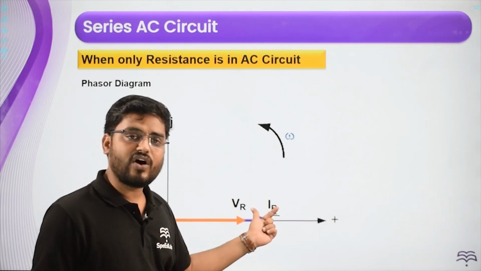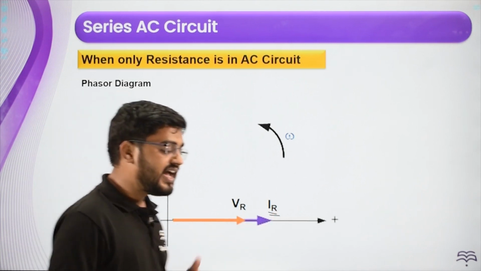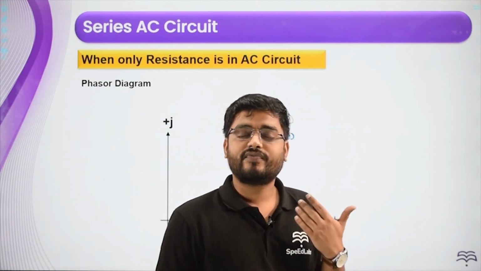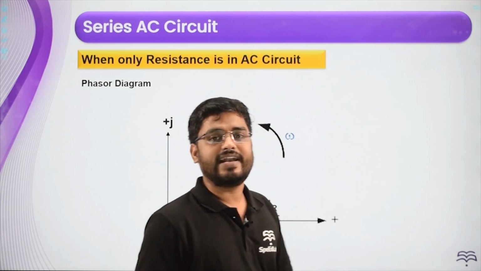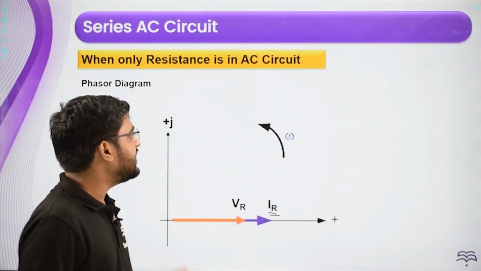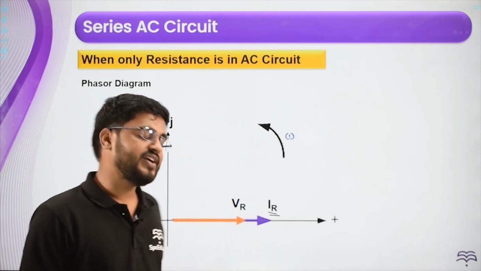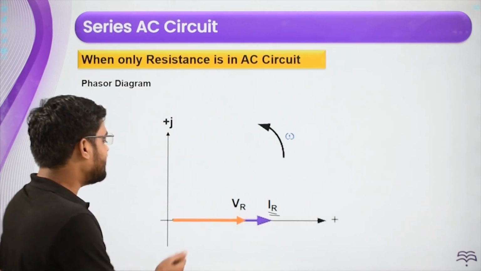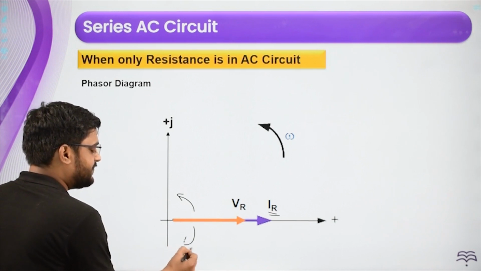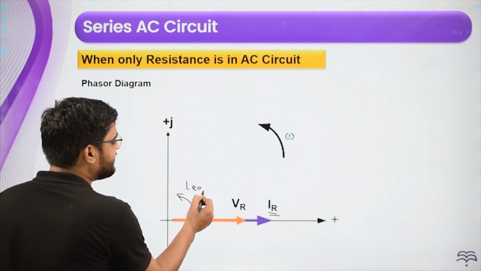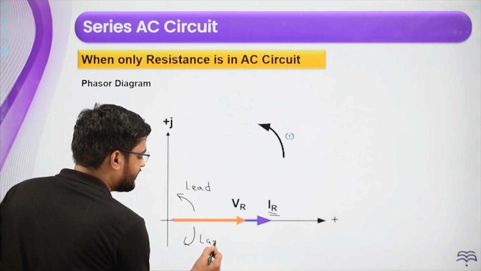So we always draw IR here. What about VR? It depends on whether the voltage leads or lags. Based on that we draw. Here we know that voltage and current are in the same phase. If they are in the same phase, then we don't keep any angle this way or that way. This side is lead and this side is lag for voltage.